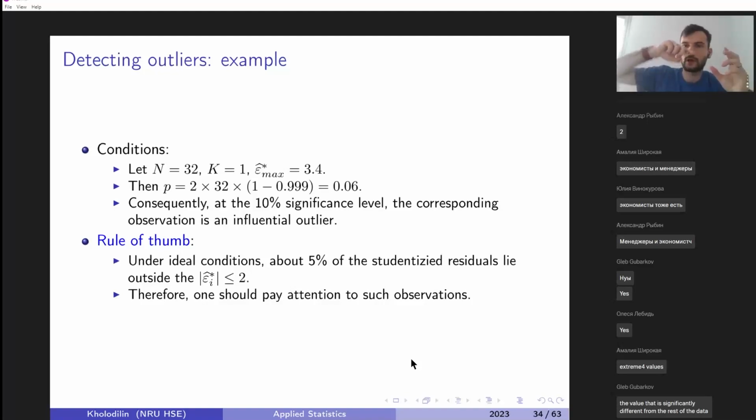And if you have one outlier, so for one observation you will have a huge residual, then it will increase the variance of your residuals. So what you basically want to do is throw out the observations one by one, and if your variance is significantly lower, you throw away exactly this observation.